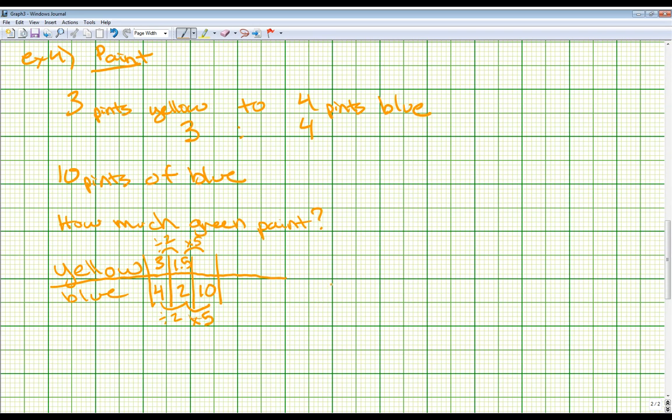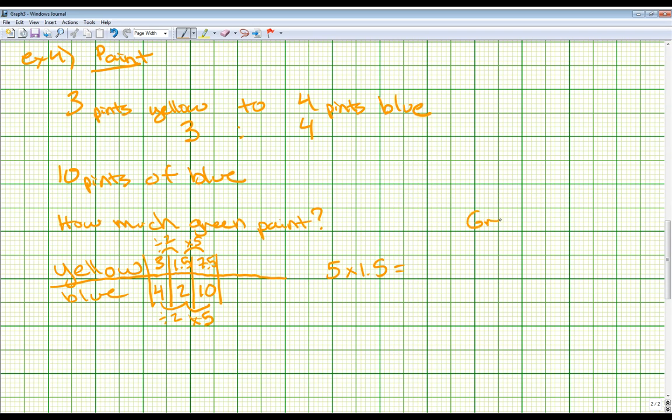Thankfully, you can use calculators again in this chapter. So you're going to be multiplying 5 times 1.5, and that's going to give you that top number. And that ends up giving you 7.5. So if I have 10 pints of blue paint, I should be using 7.5 pints of yellow paint. If I mix these pints together, I'm going to get green.